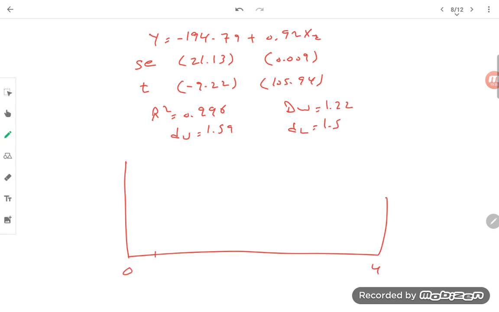So the lower limit is 1.5 and the upper limit is 1.59. 4 minus the lower limit is 2.5.